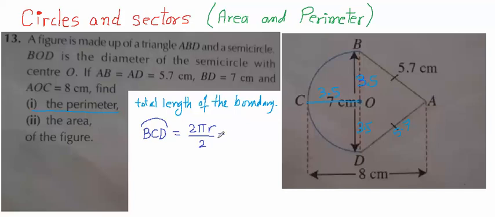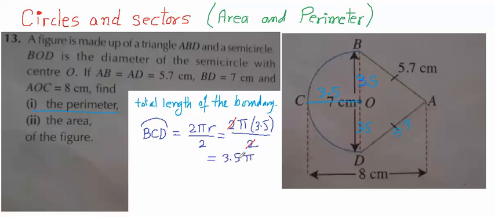So this is equal to 2 pi into 3.5 divided by 2. This 2 and this 2 cancel out, or you can use the calculator here. So this will be equal to 3.5 pi.